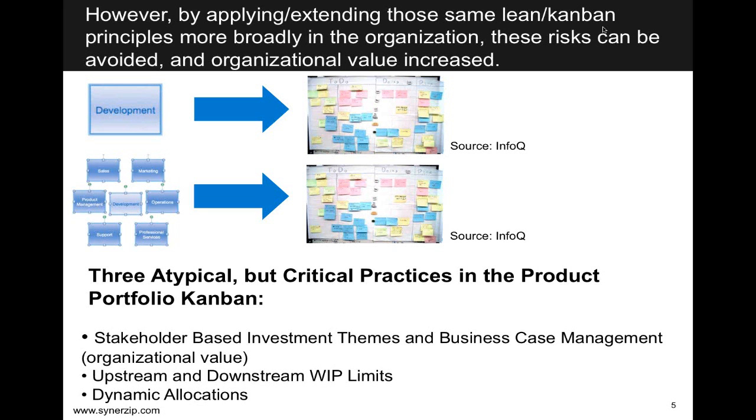Those are going to be stakeholder-based investment themes and business case management. So in other words, how can you slice up what you're going to be working on in such a way that you can avoid some of the pain and heartache down the road.